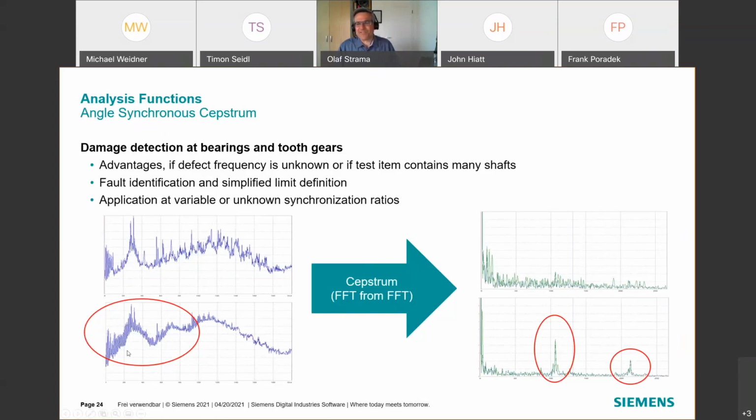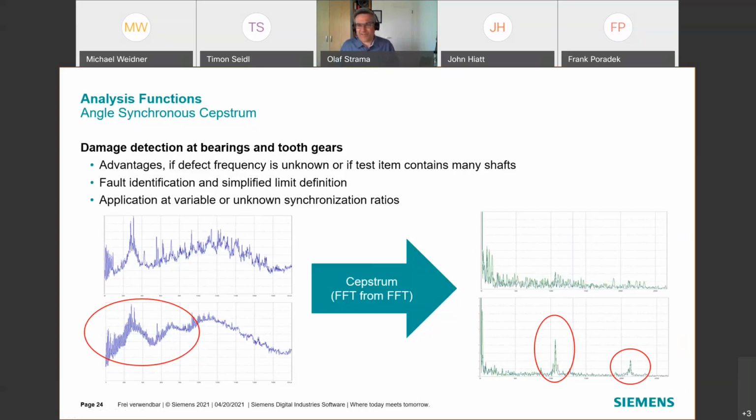But if I do calculate the FFT, calculate the cepstrum, the energy of all these small peaks is concentrated in only a few peaks in cepstrum domain, and the position of the peak or the distance of the peaks to each other corresponds with the transmission ratio of these peaks to the reference shaft. So at the end, I only need one curve, and I can find all damages with one curve.